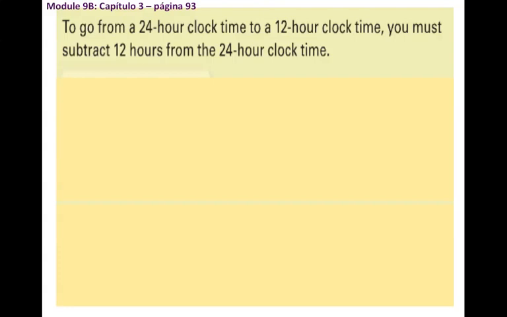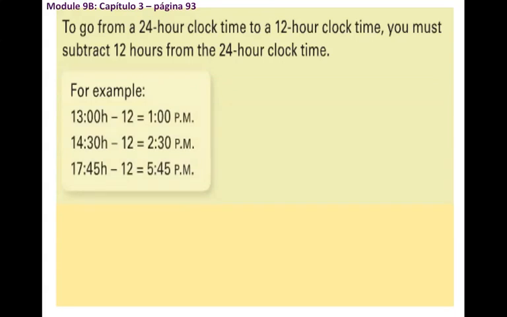But once you see 13 to 23, you know you have to subtract the 12 to have it make sense. For example, 1300 hours, you subtract the 12, 1 p.m., and you have to add the p.m. afternoon. 1430, subtract the 12, 2:30 in the afternoon. 17:45, subtract the 12 from 17, 5:45 in the afternoon.